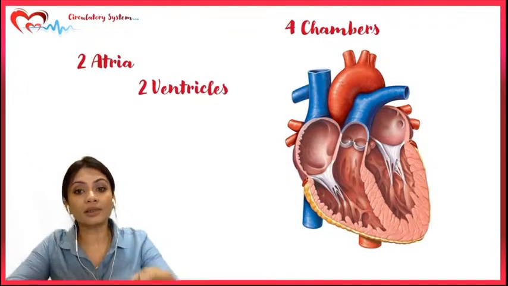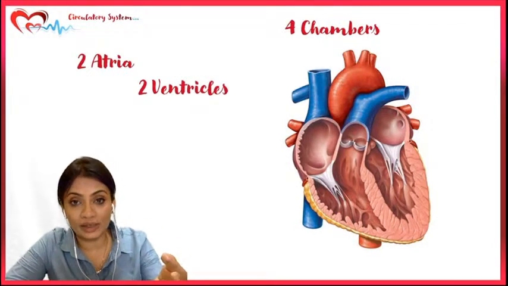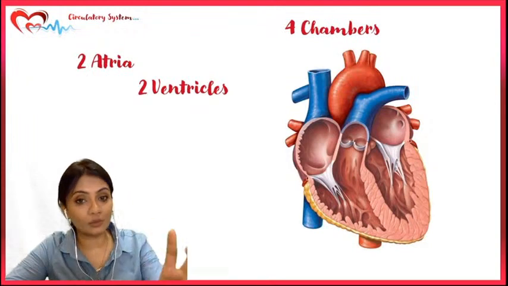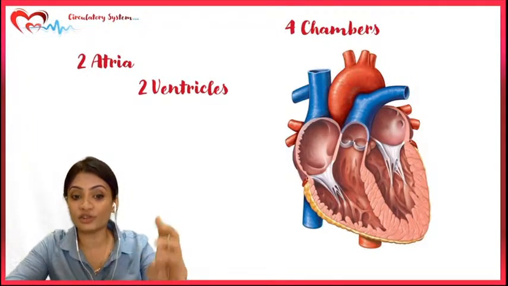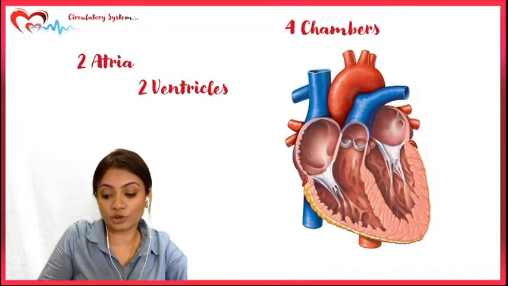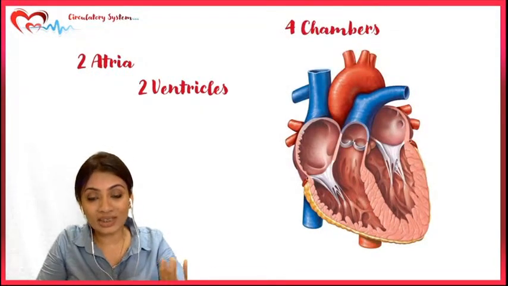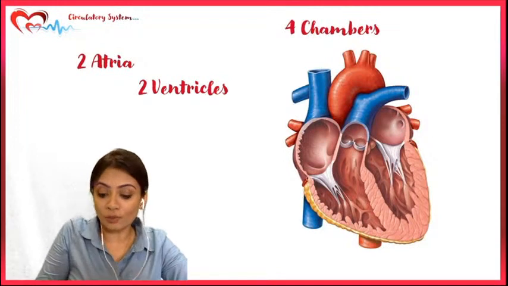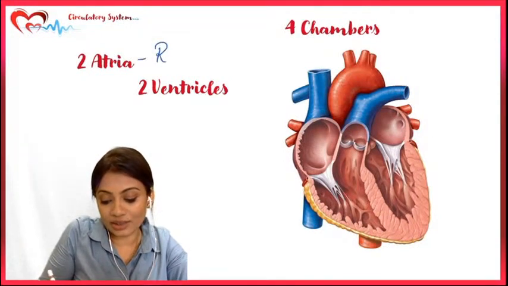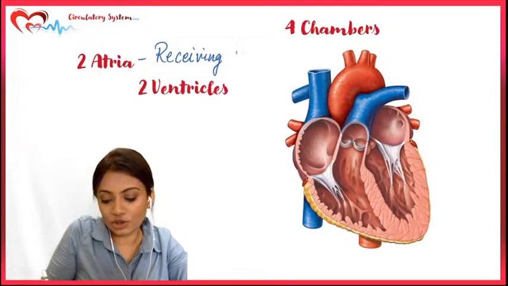The two atria are superior, small and thin walled, and their function is bringing in blood. Blood is taken in by them, so we call those chambers the receiving chambers.